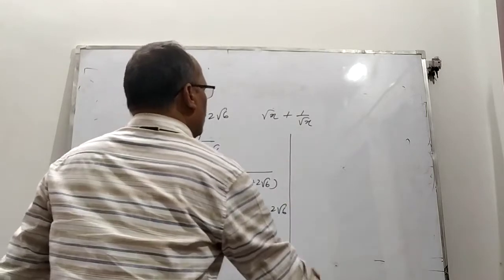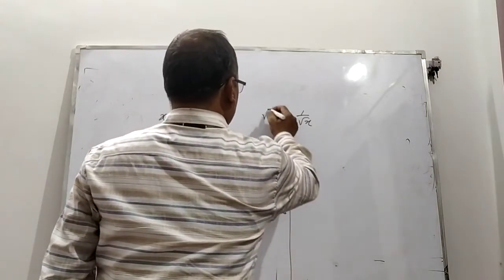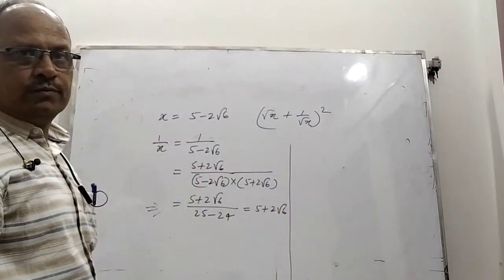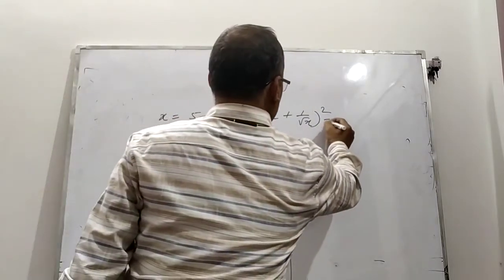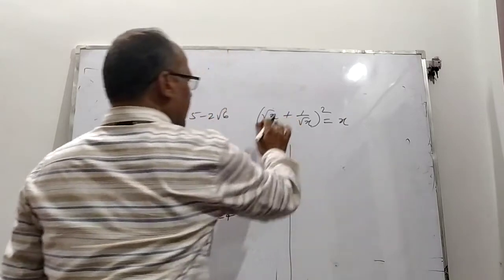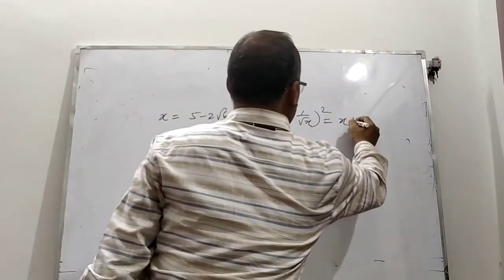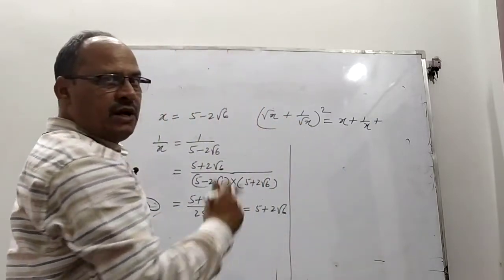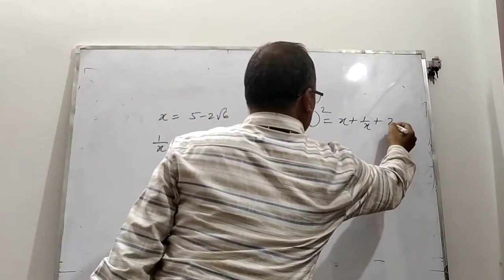Now you will write the square of this value. So what will it be? This square will be x, this square will be 1 upon x, and plus 2 into first number into second number, then it will be 2.